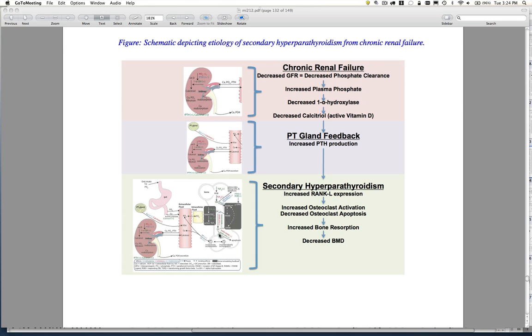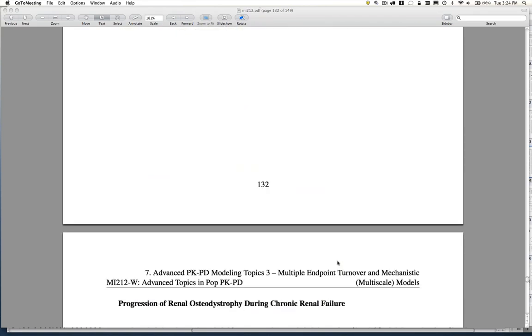And so you get this marked increase in osteoclast function, and so you end up losing bone. So on top of the fact that you're undergoing chronic renal failure, you're also now in a case of osteodystrophy.